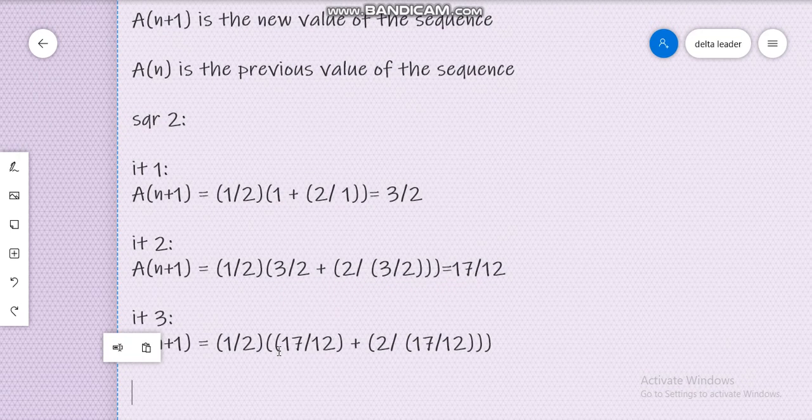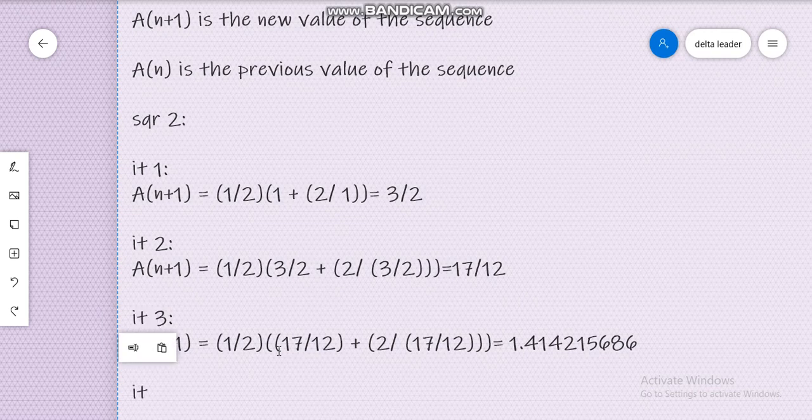After calculation, we found our new value being, let me put it in decimal, 1.4142156686.